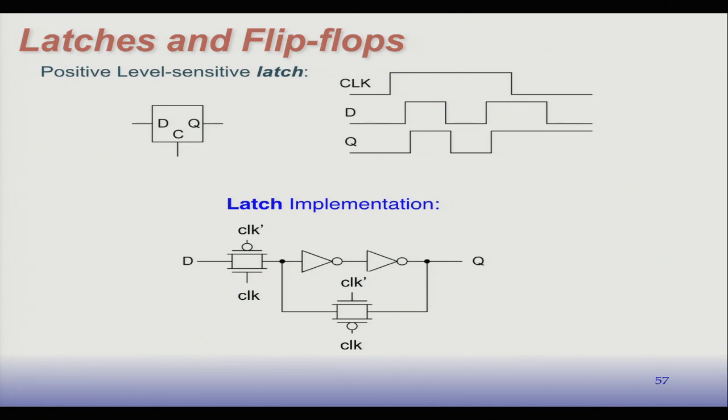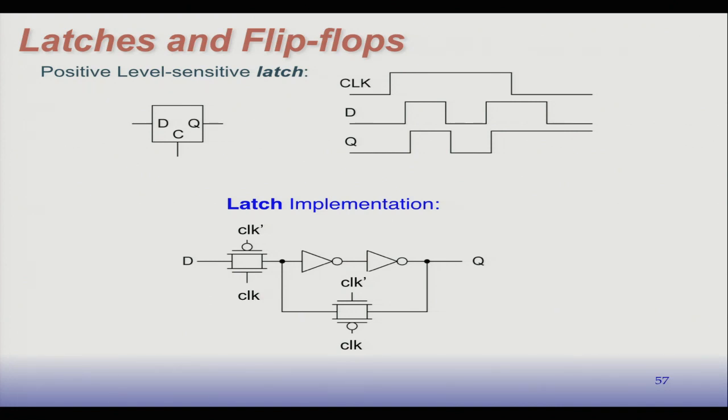It makes it very easy to put a new value in because you're not fighting. Otherwise, if we didn't do that and you try to change the value somehow in here, you'd have a fight between this and whatever circuit's trying to change the value. So by cutting the feedback, we break the fight.